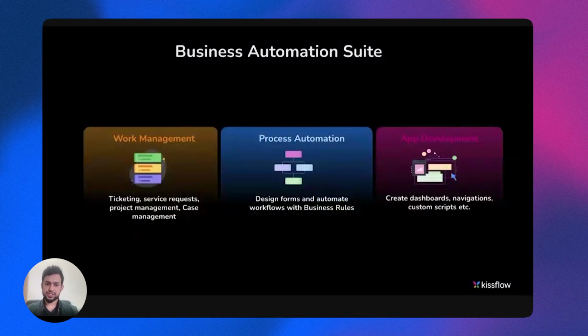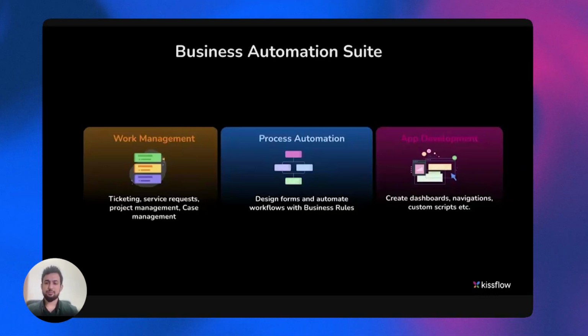To start off, first we have work management, which is a typical solution for unstructured workflows, where we can manage ticketing systems, service requests, IT bug tracking, and any project management related activities and so on.